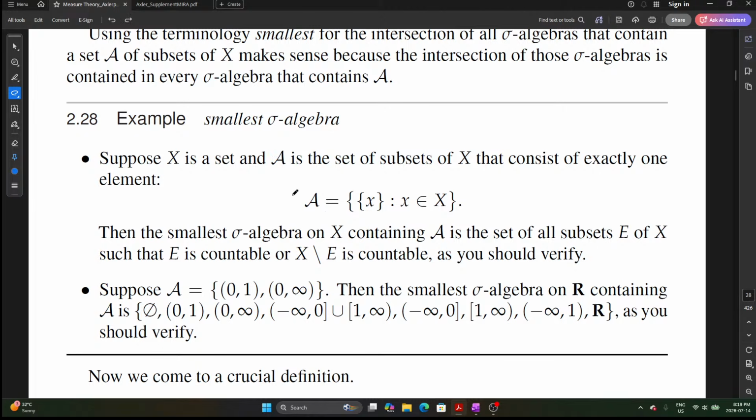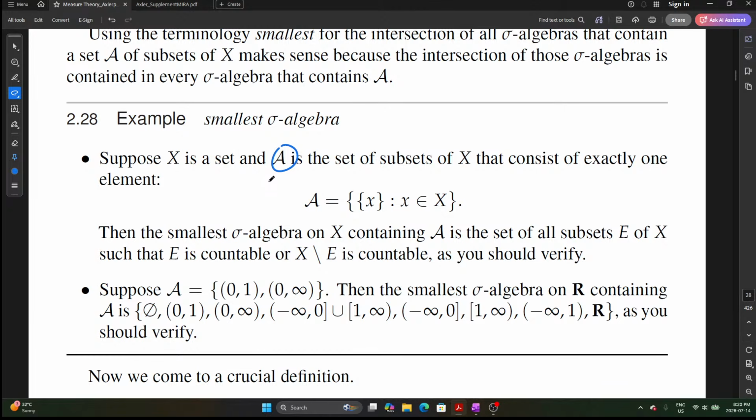Here you have a collection of subsets of X. First of all, A itself is not a sigma algebra. This is obvious because by taking the intersection of two distinct singletons, you get the empty set, which is not in A.